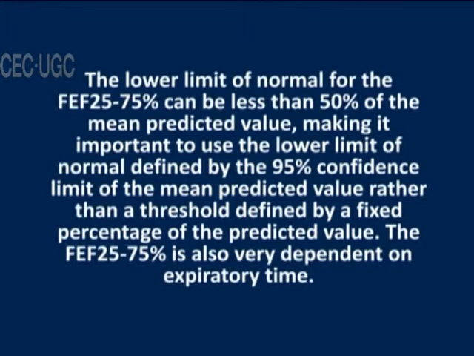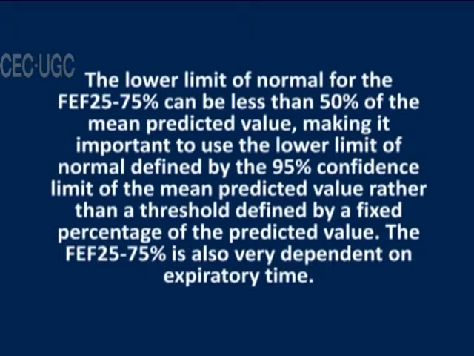The lower limit of normal for FEF 25 to 75% can be less than 50% of the mean predicted value, making it important to use the lower limit of normal defined by the 95% confidence limit of the mean predicted value rather than a threshold defined by a fixed percentage of the predicted value.